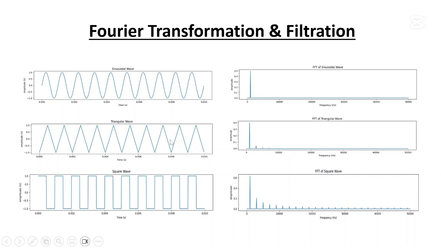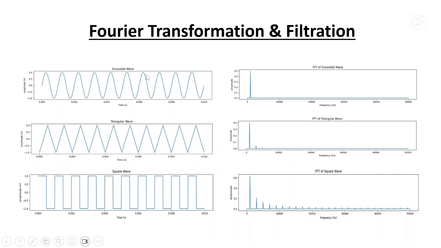If we talk about the triangular wave, you can see that this is a triangular wave in time domain. So a triangular signal consists of the peak signal, you can say the main pulse, the main frequency, and its harmonics.